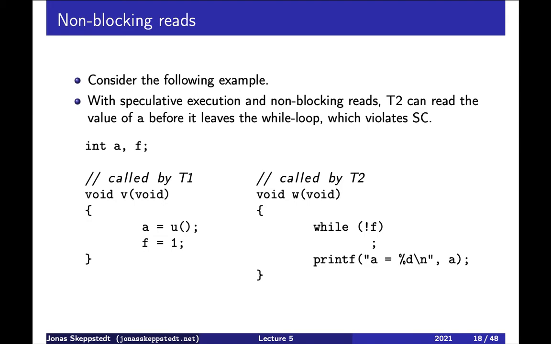And non-blocking reads are important in so-called superscalar CPUs. A superscalar CPU is a CPU which, firstly, can start executing several instructions at the same clock cycle. And for that to be useful, it can guess which instructions should be executed.